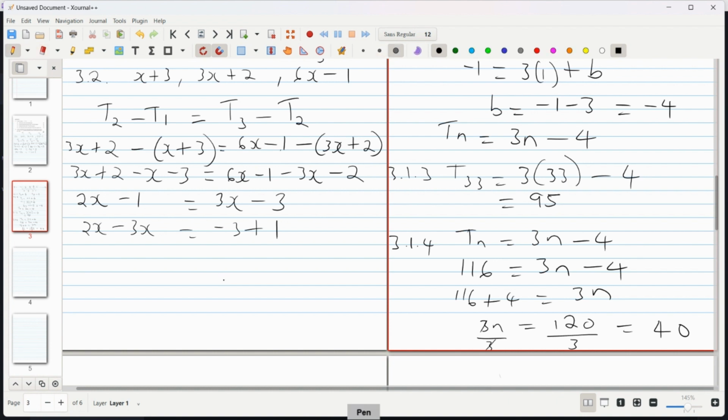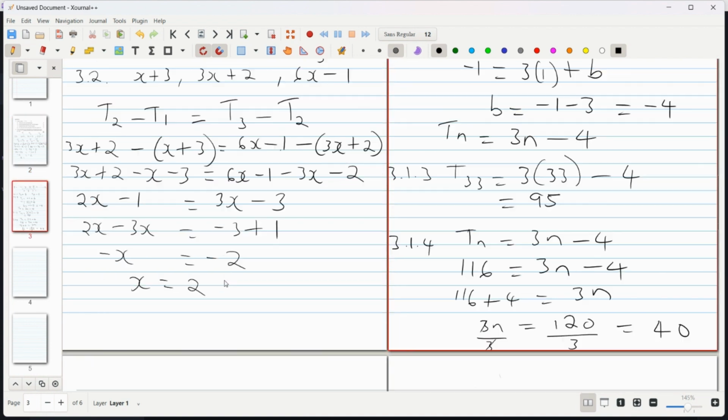You add these like terms: 2x minus 3x gives negative x, and negative 3 plus 2 is negative 2. It means that your x will equal 2.